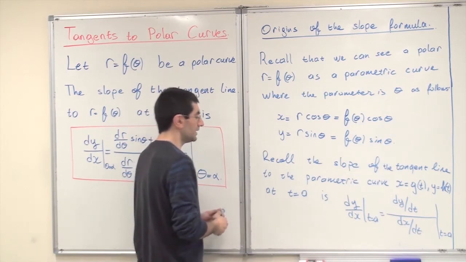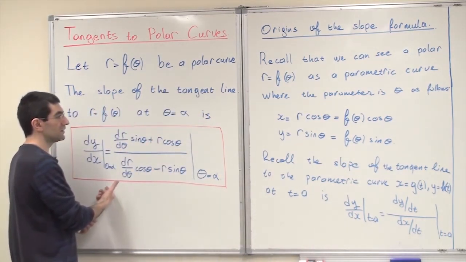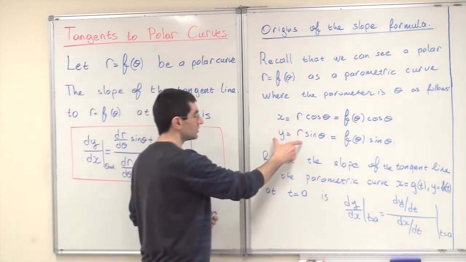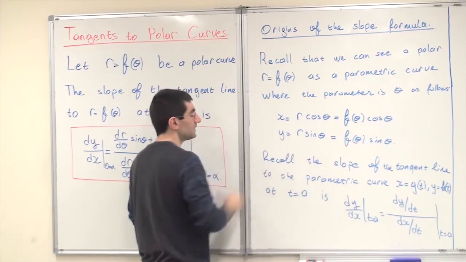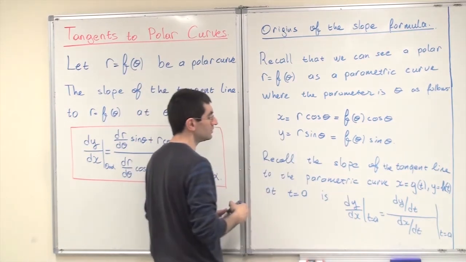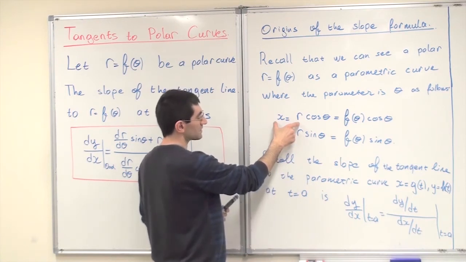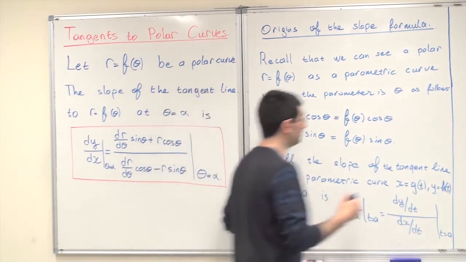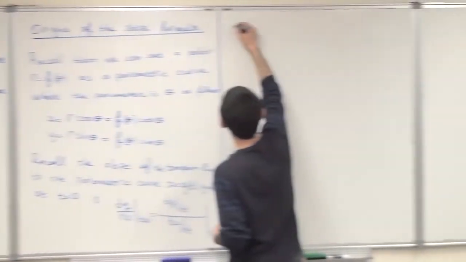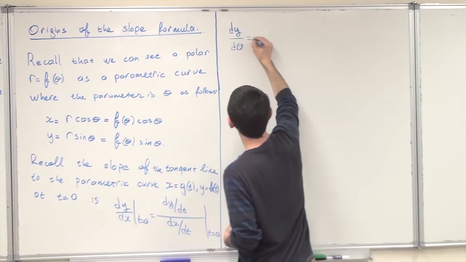Now, to obtain our formula here in the box, we are going to combine these two facts. So, I'm going to derive these relations in terms of theta with respect to theta. First of all, let's find dy over d theta.